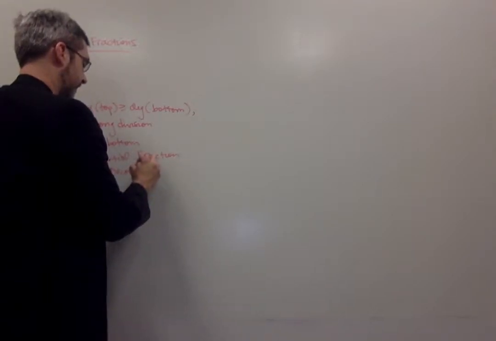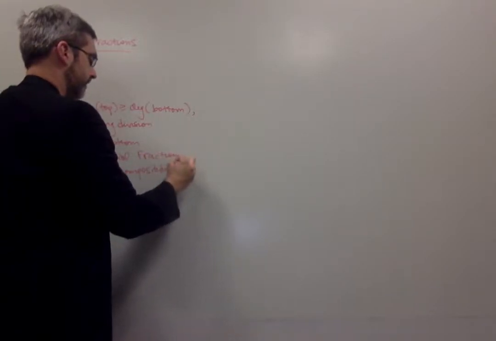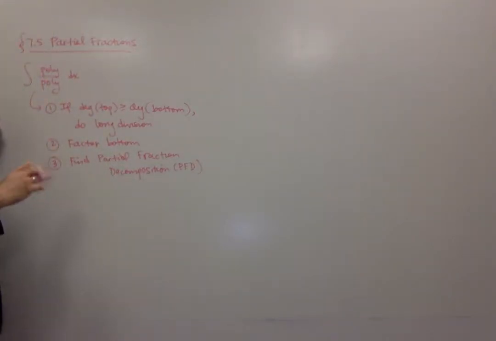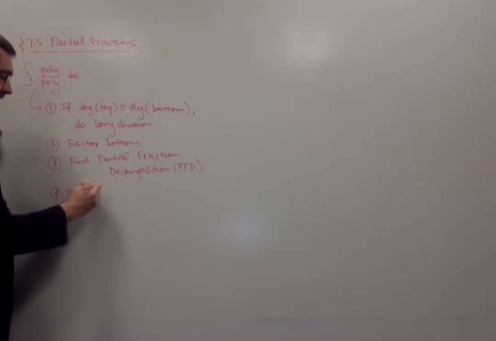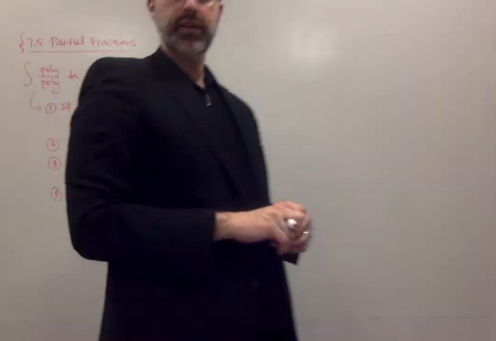Okay, and we call that PFD. Right? And we looked at several examples of that last time. We'll look at that again. And once you get that decomposition and you find those coefficients, then all you're left with doing is integrating. All right?